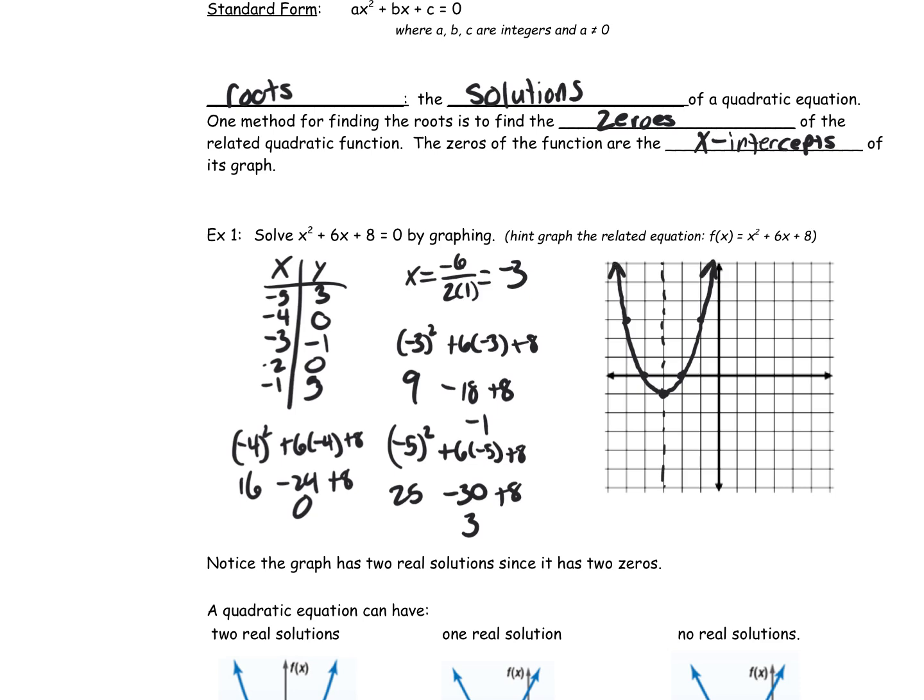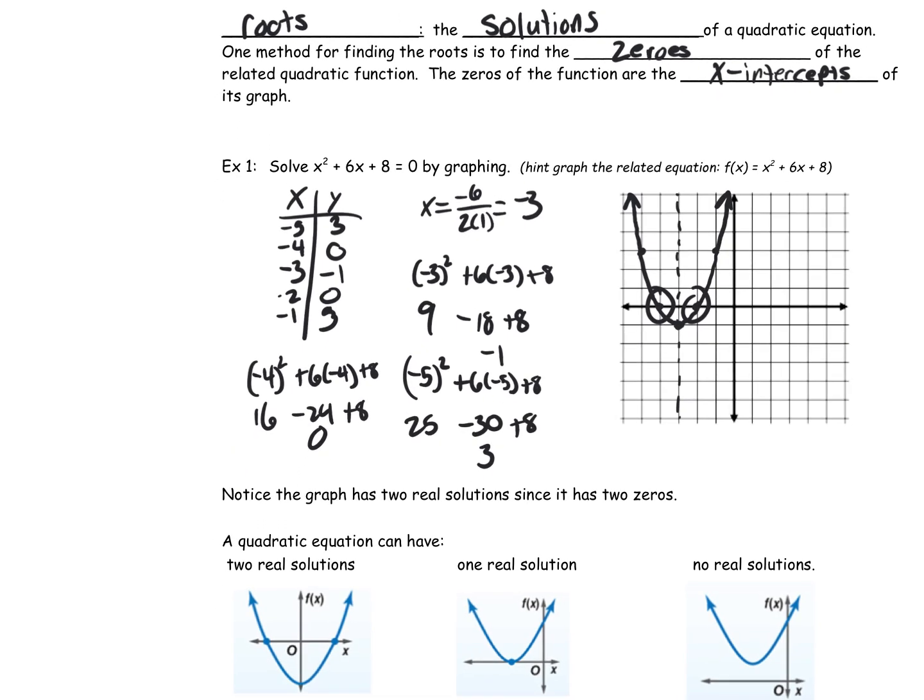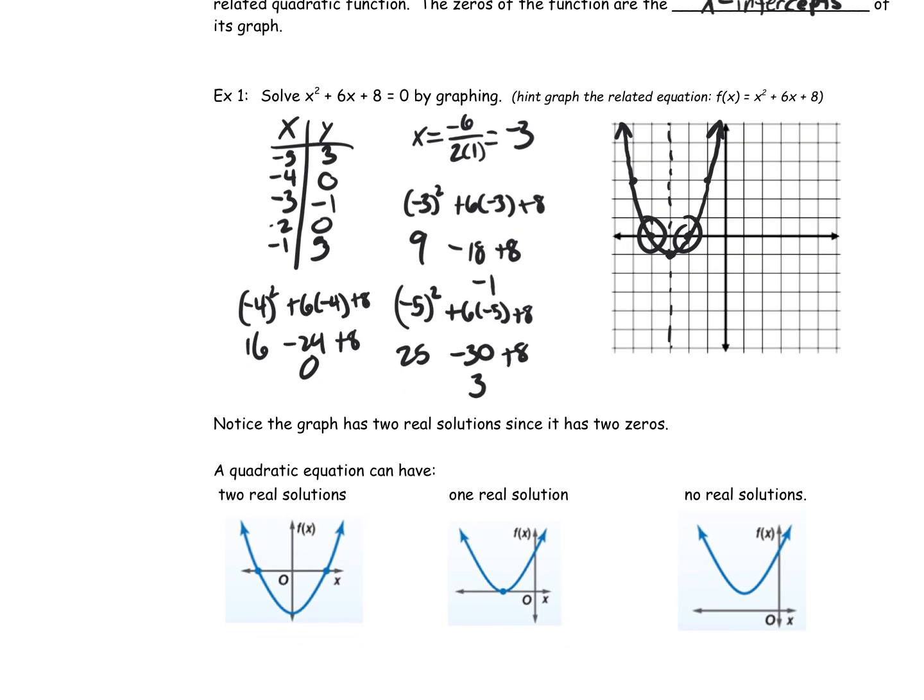And it's going to look something like that. And now we can solve this because there are two solutions. This graph has two real solutions since it has two zeros, and they are found at negative 4 and negative 2.